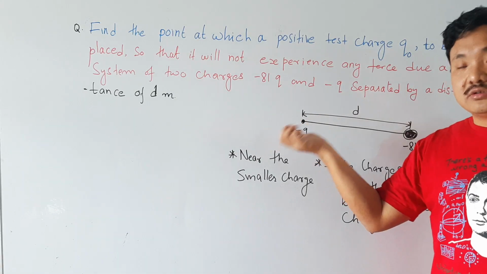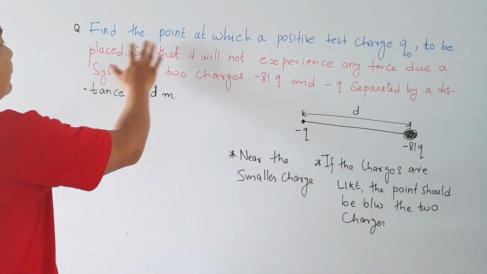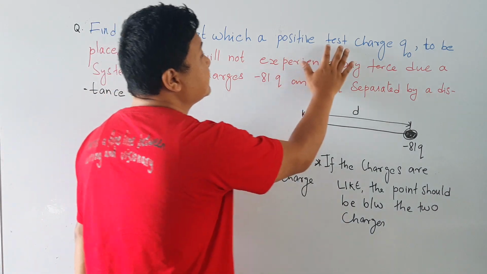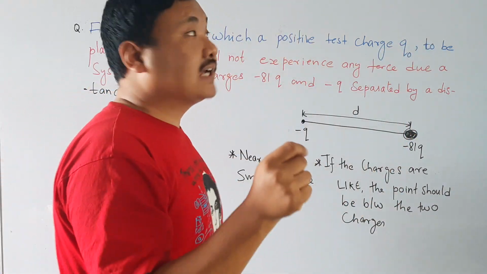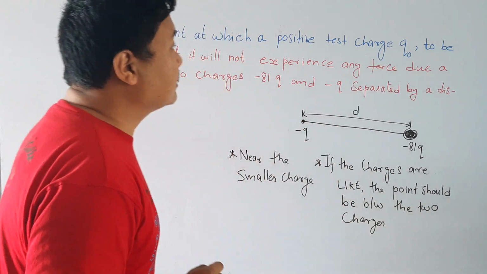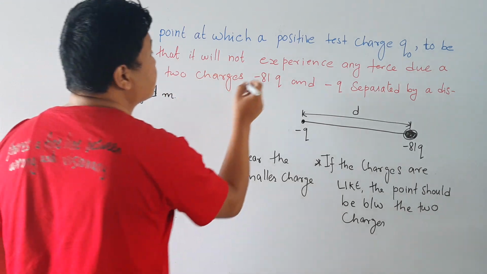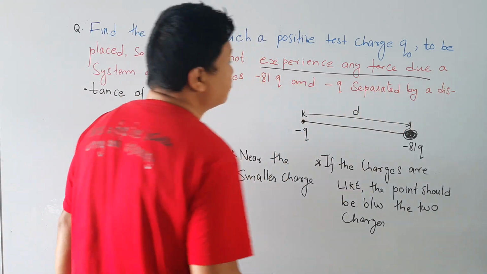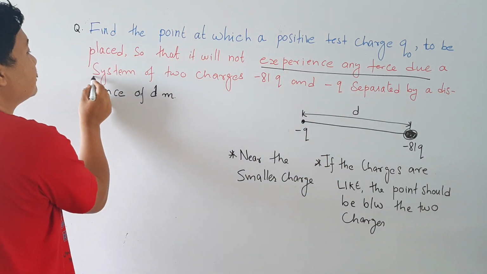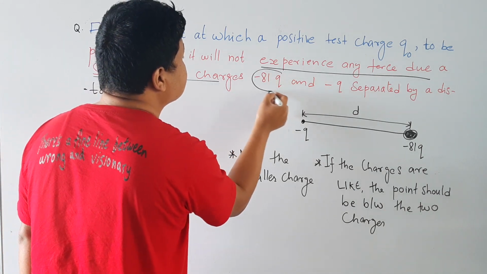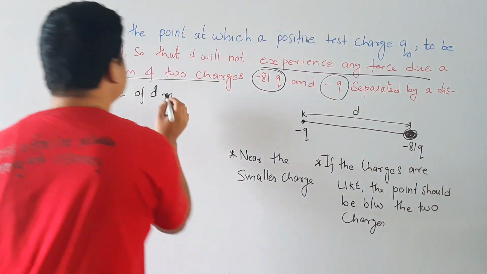So this question is similar to the first one, and it says: find the point at which a positive test charge q0 is to be placed so that it will not experience any force, that is, force is 0, due to a system of two charges, minus 81q and minus q, separated by a distance d meter.